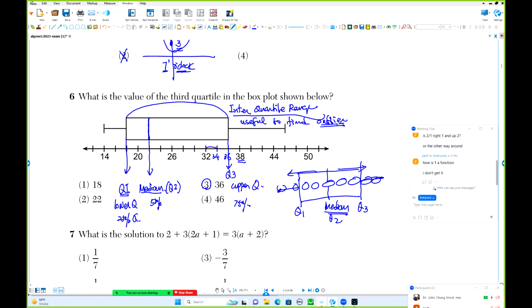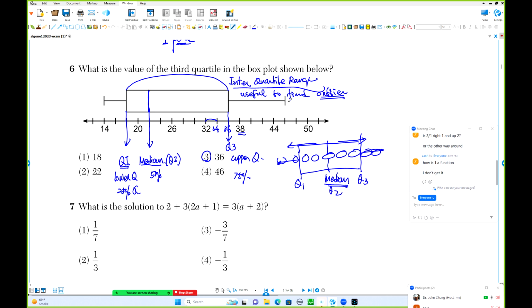Later we can do this one. The maximum of data is 46, the minimum of data is 14, okay? This length is called the interquartile range. 36 minus first quartile 18 is 18. 18 is the interquartile range. But this time the third quartile, 36, is the answer, okay?